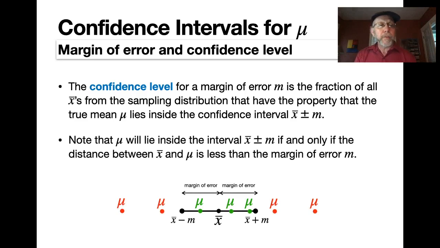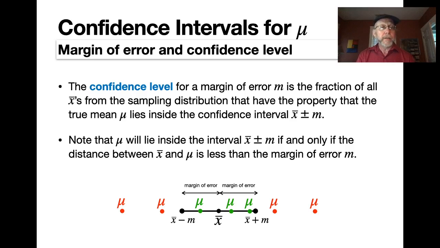We should note here that there's a simple way to tell whether the true mean lies within the confidence interval. That's going to happen just in case the distance between x bar and the true mean is less than the margin of error m.